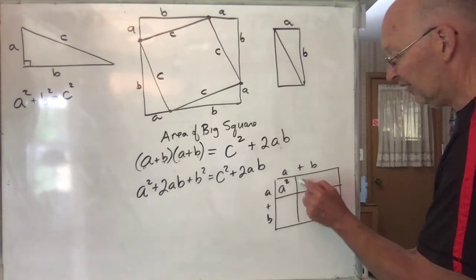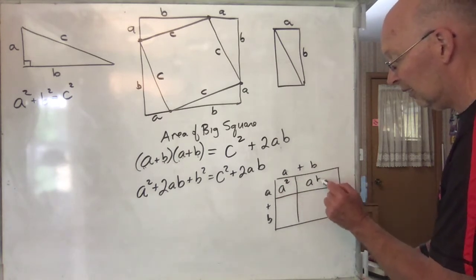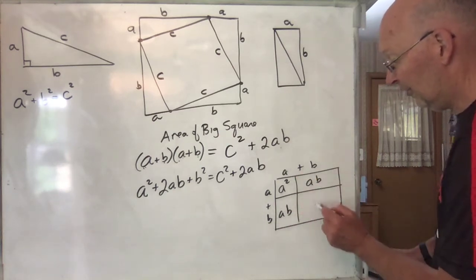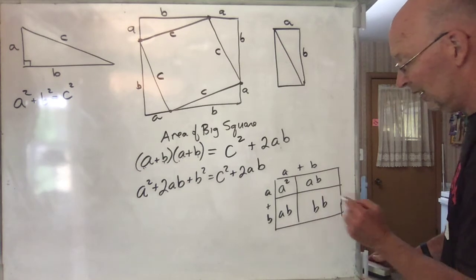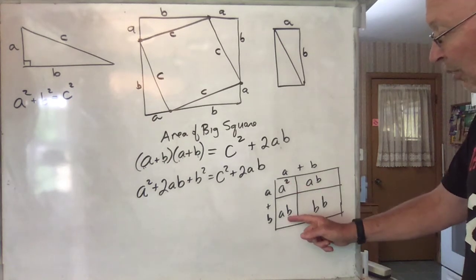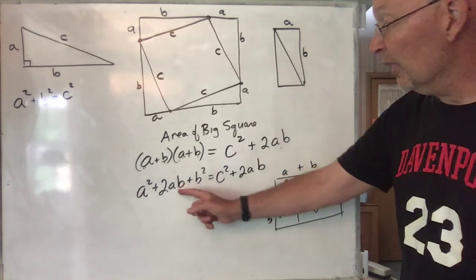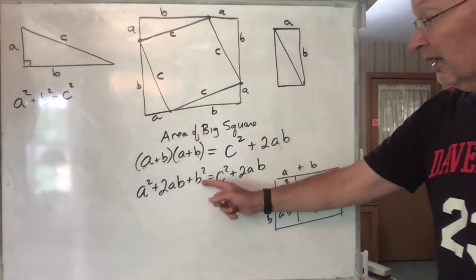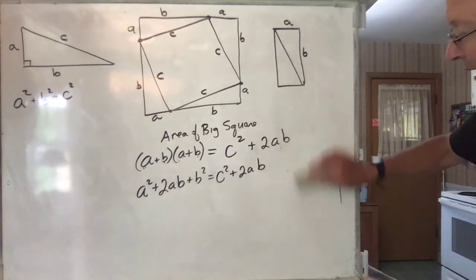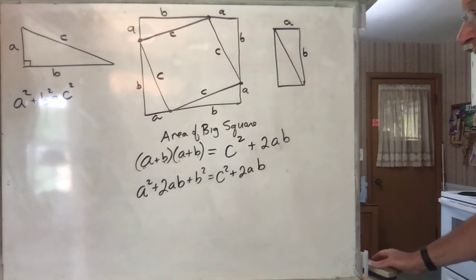This is a times b. This is a times b. And this is b times b. See that? So by the time you've got them all, you've got a squared plus ab is 2ab plus b squared. So there's yet another way to see why that foils out like so.